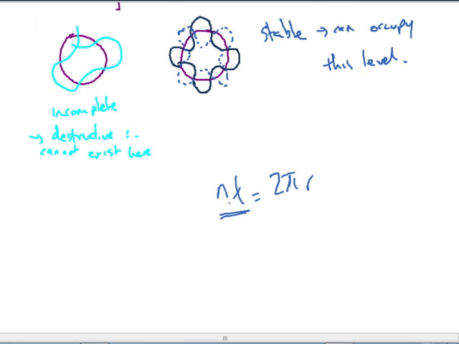If we needed to take that further based on other information, lambda does equal h over mv, so we could substitute that and get n h over mv equal to 2 pi r. Very rare that you're ever going to see a question that goes into that sort of maths on that section. Usually it's an explanation question. A lot of the questions in this section are explanation questions.